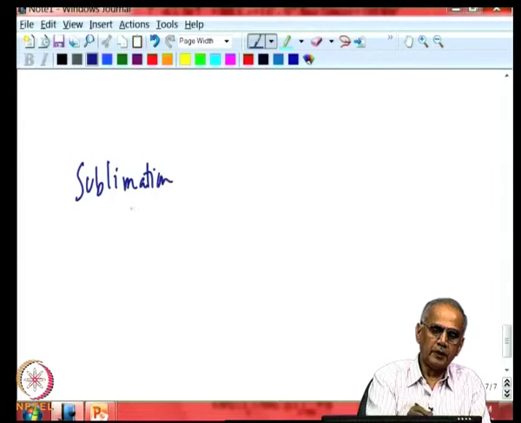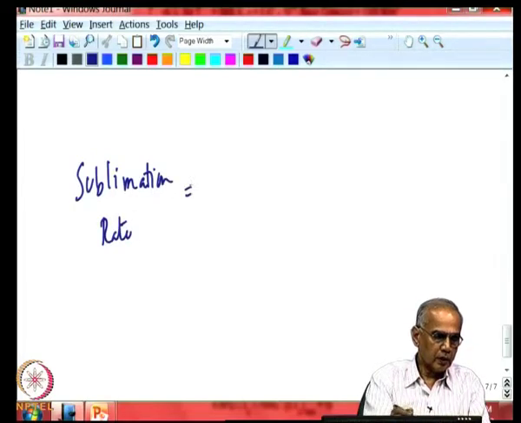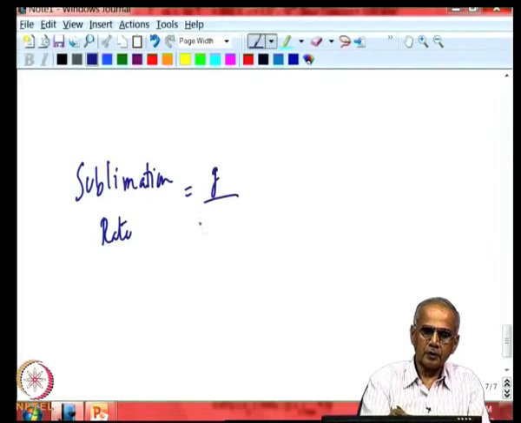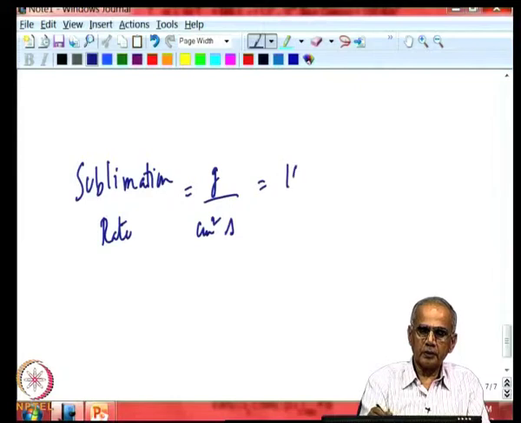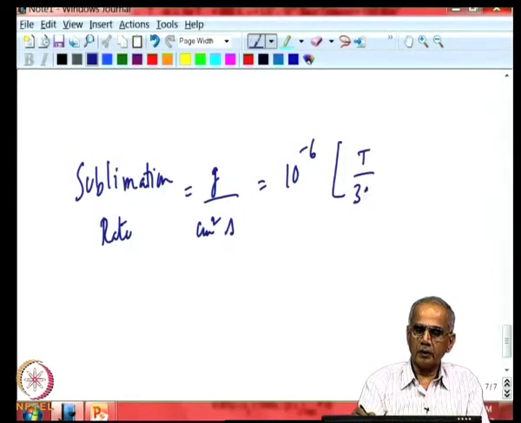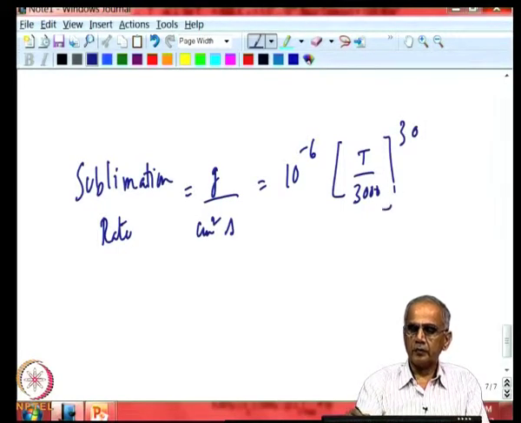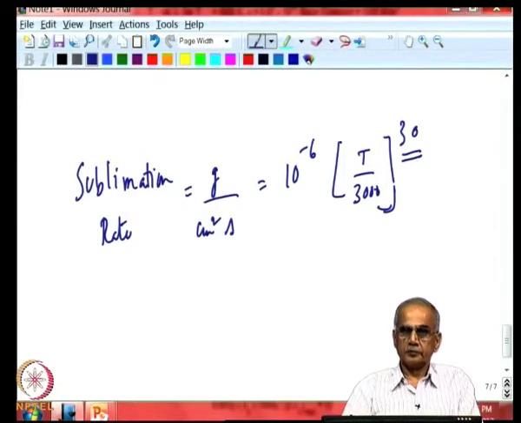The sublimation rate, that is conversion from solid to vapor, has been measured in grams per centimeter square per second, and it is typically 10 to the power minus 6 into (T/3000) to the power of 30. The huge power means that as the temperature increases even 1 or 2 degrees, the sublimation rate goes up as T to the power of 30.